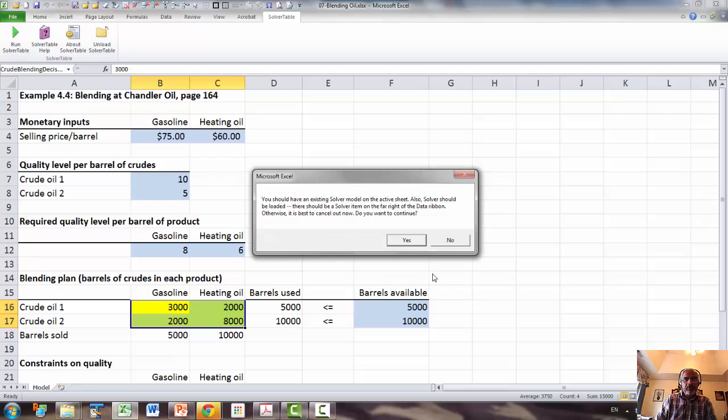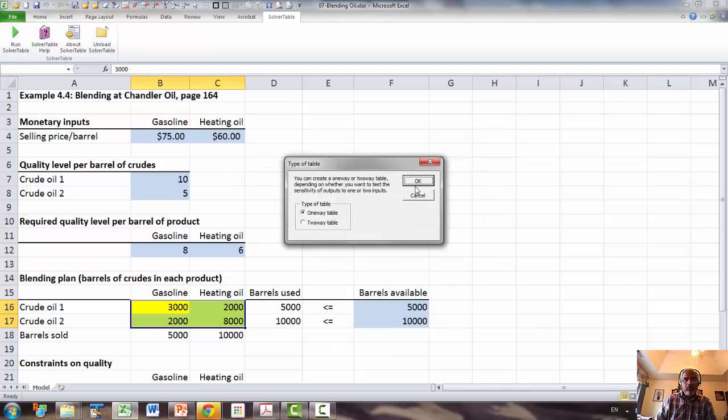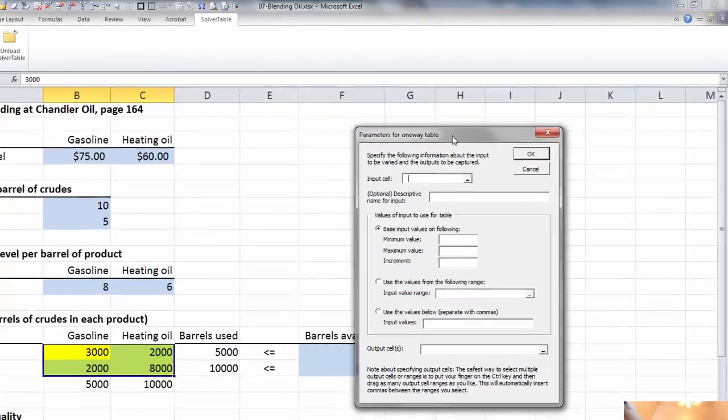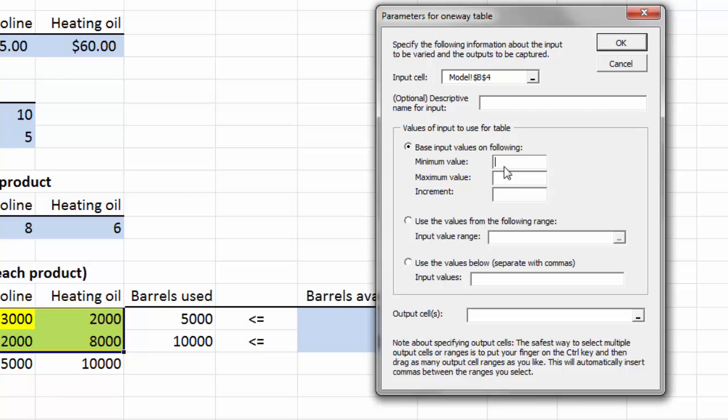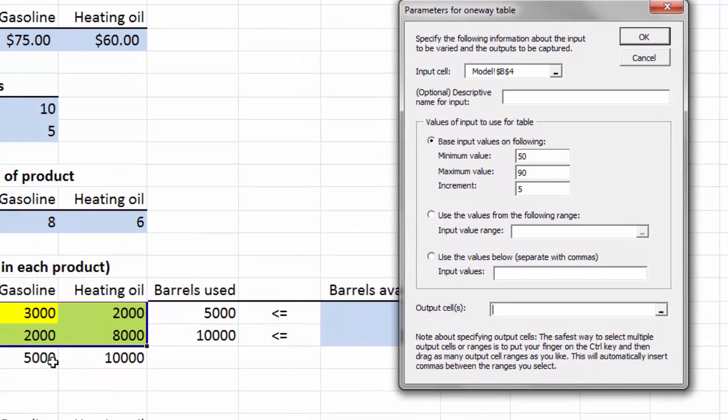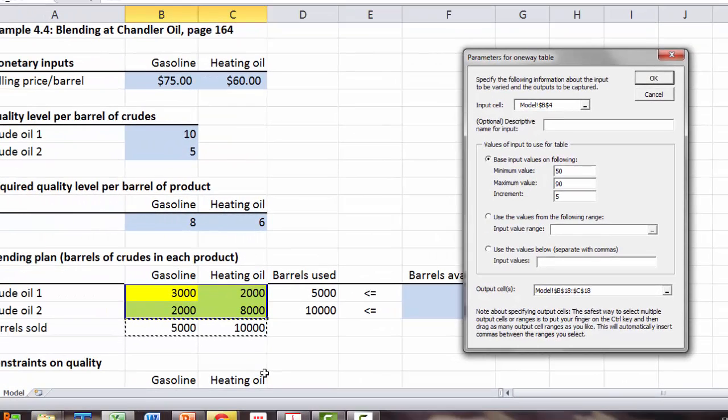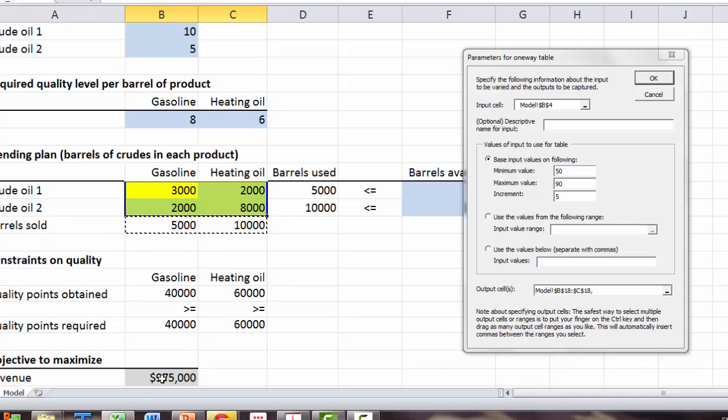Go to SolverTable, a one-way table, and our input is gasoline price per barrel, and we want to use sensitivity for $50 to $90 in increments of $5, and we want barrels sold of the two products, gasoline and heating oil, and control click revenue.